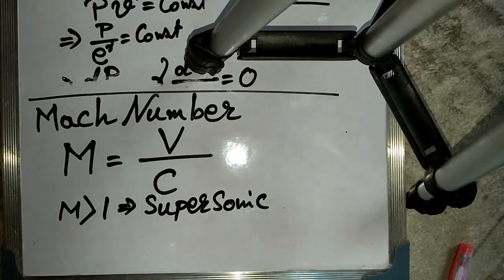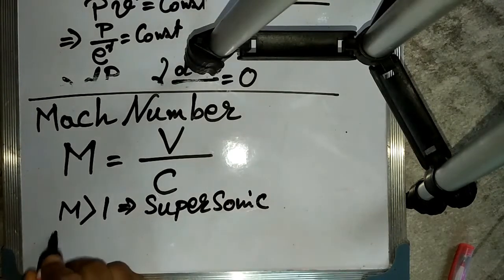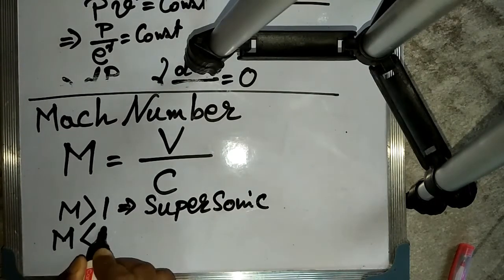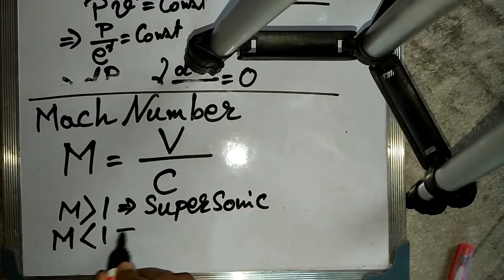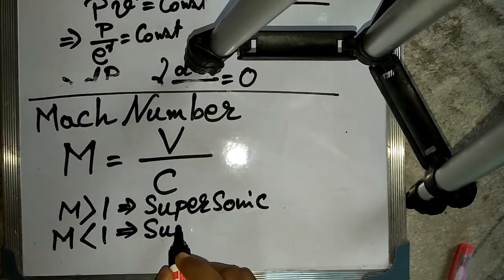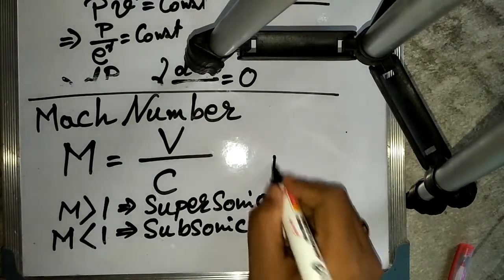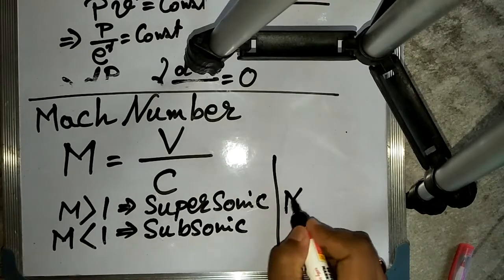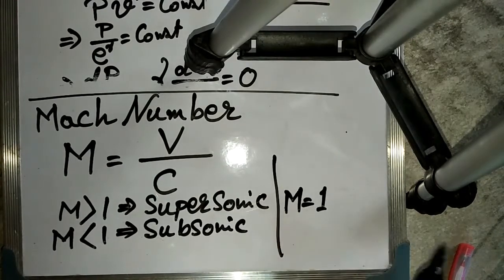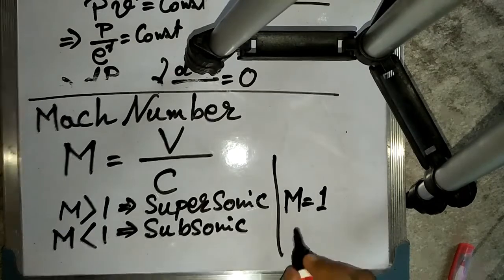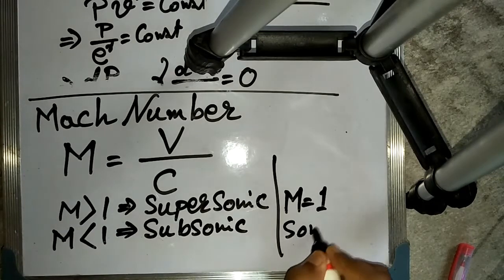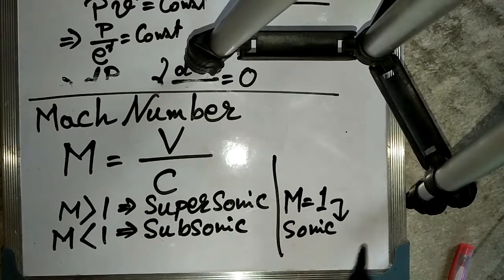When the Mach number is greater than 1, the flow is said to be supersonic. When the Mach number is less than 1, the flow is said to be subsonic. And when the Mach number is equal to 1, the flow is said to be sonic. This is the sonic velocity. So these are the three conditions.